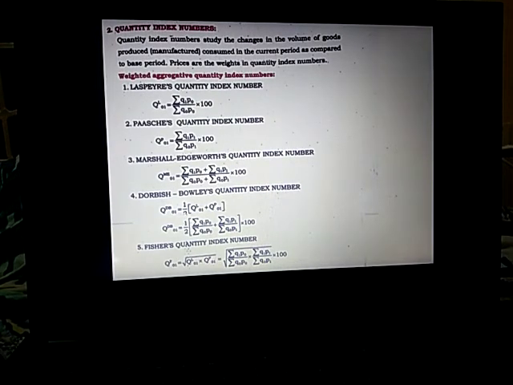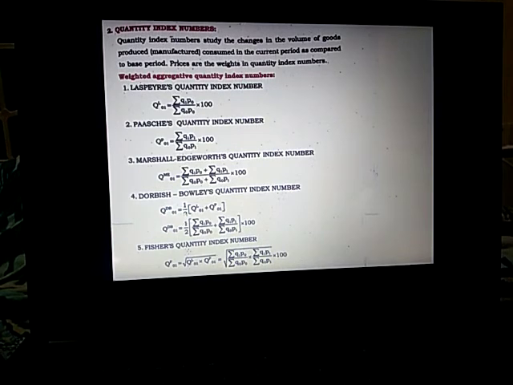So for weighted aggregative quantity index numbers, there is the Laspeyres quantity index number QL. When we saw the formulas earlier it was PL, PF, whether it is Laspeyres or Fisher's. Here since it's a quantity index number, the denotation will be Q power L01, which is summation Q1 P0 divided by summation Q0 P0 into 100.